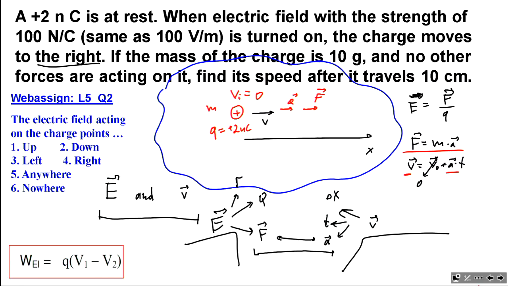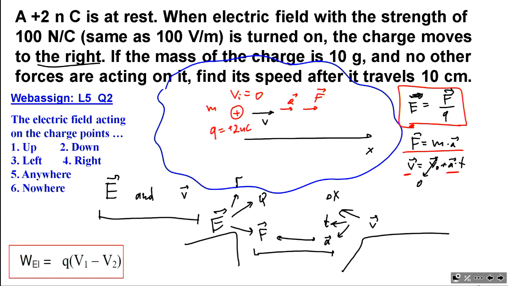Now if the force points to the right, that means what? Does it mean the electric field always points to the right? If the force points to the right? No, because there is another variable, Q, and the difference between Q and M is the mass, never negative.